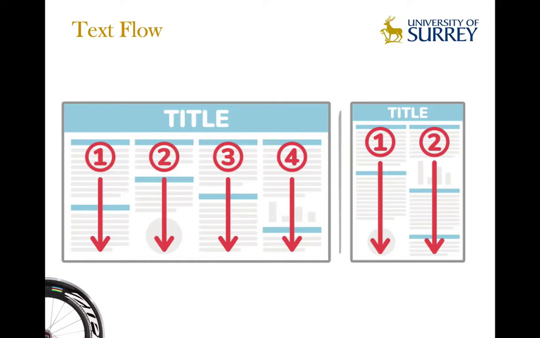So on the slide here, you can see two different types of posters, one in landscape and one in portrait. The landscape posters tend to have 3 or 4 columns, and with those you want to organize them with, at the top left, your abstract and introduction, and then have the logical flow from top to bottom, and then from the columns from left to right, providing all of the information.